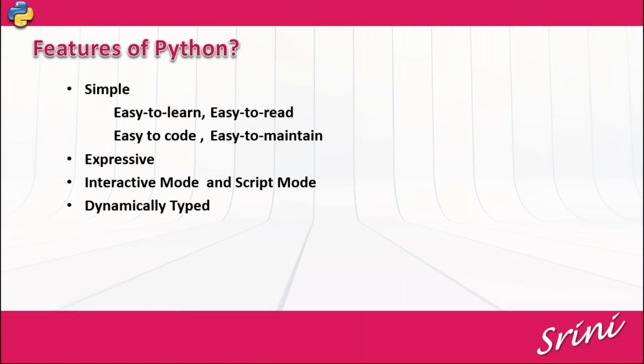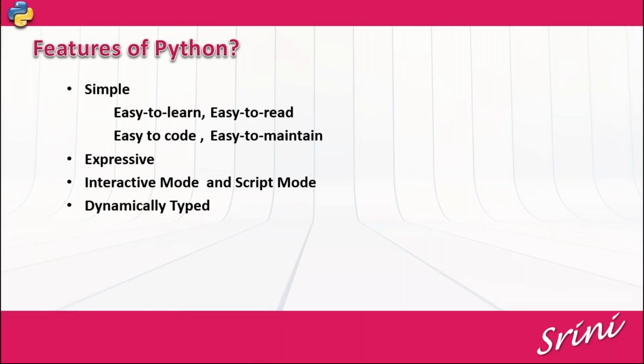In C, C++, Java, these languages, you must declare a variable first of all with a data type. Then only you can use the variable. Directly you can't use the variable. Explicit declaration of variable is mandatory.